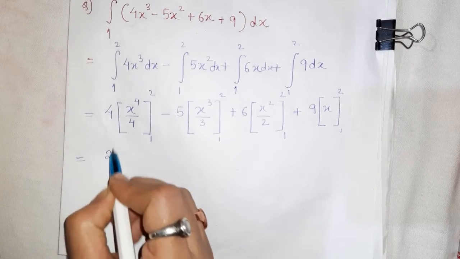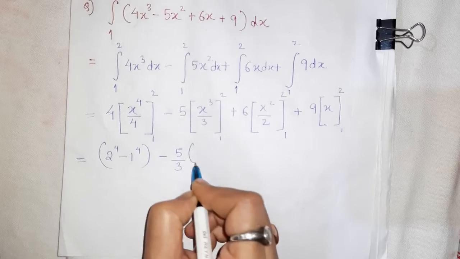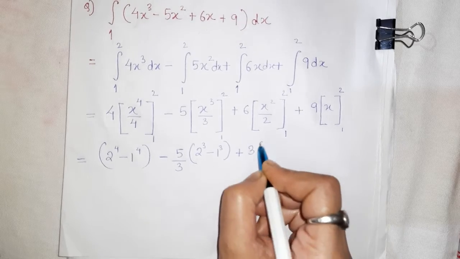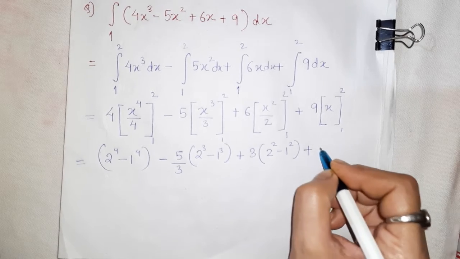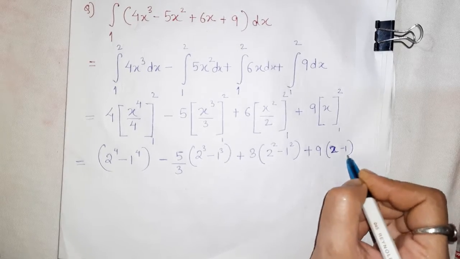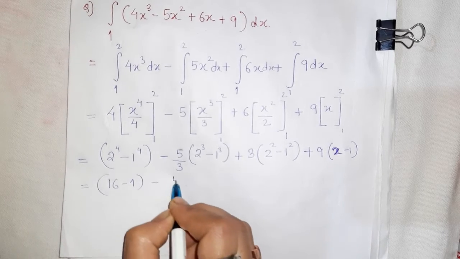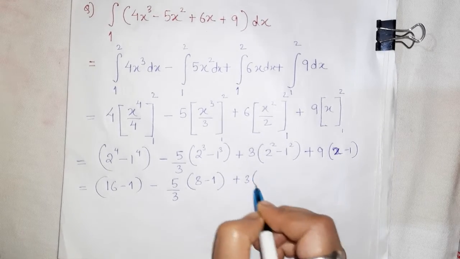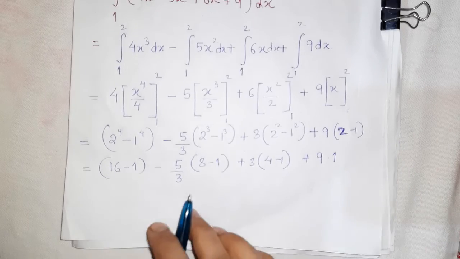X to the power 4 means 2 to the power 4 minus 1 to the power 4, minus 5 by 3, 2 cube minus 1 cube, plus 3, 2 square minus 1 square, plus 9, 2 minus 1. Now you calculate 16 minus 1, minus 5 by 3, 8 minus 1, plus 3, 4 minus 1, plus 9 into 1. 2 minus 1 is 1.